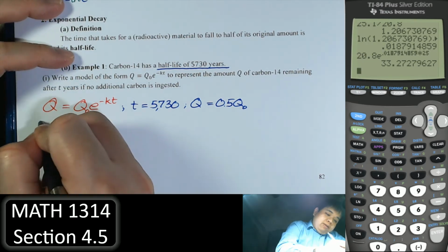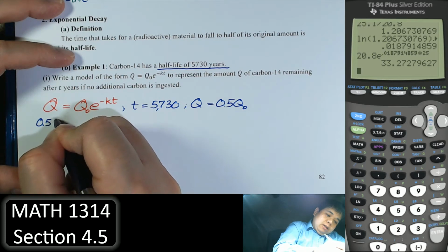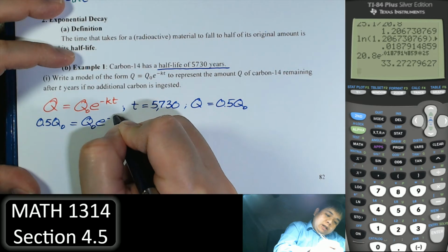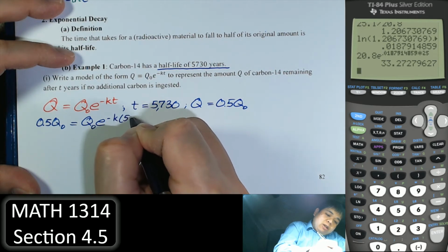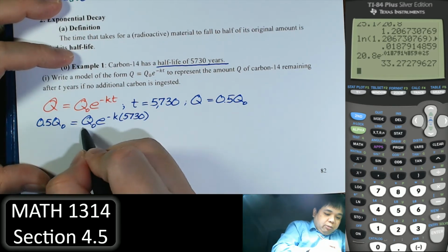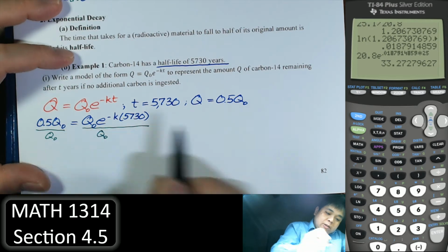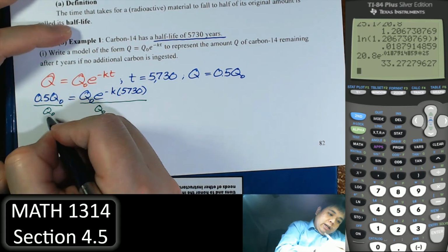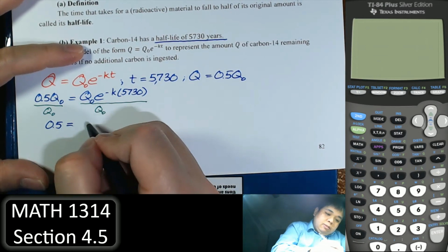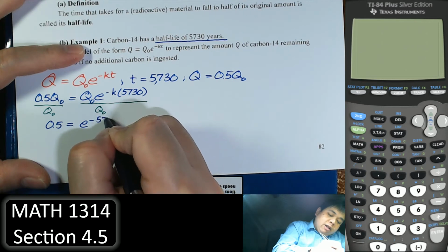Alright, so we have half of the original amount. It will take 5,730 years. Right. So if we divide by Q naught on both sides, we have 0.5 equals e to the negative 5,730k.